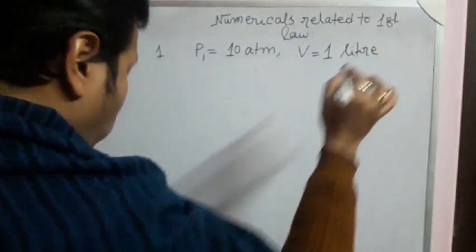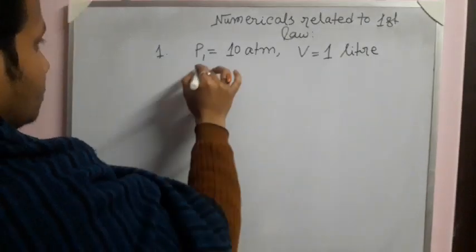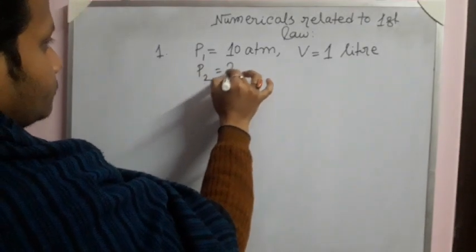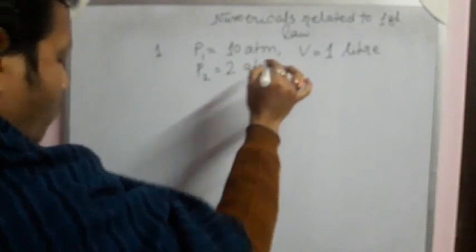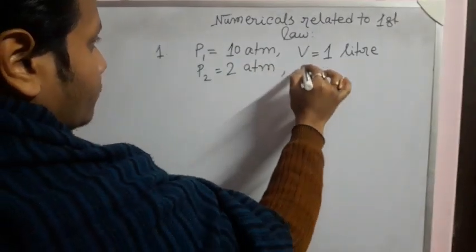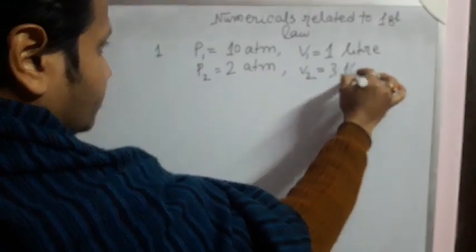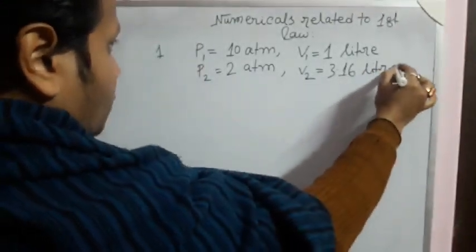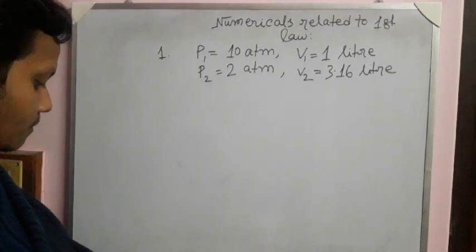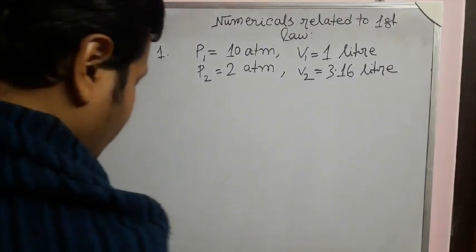The final pressure is also given, 2 atmosphere. And the final volume is given, 3.16 liter. So we have to find out the amount of work done by the gas in joule.